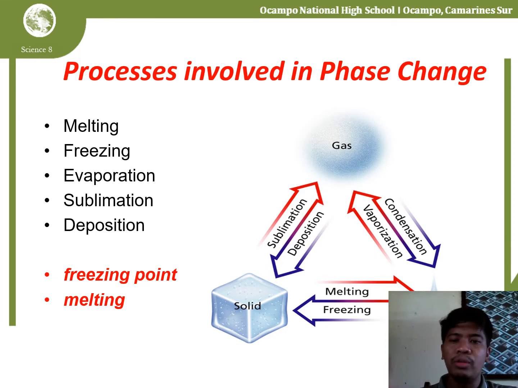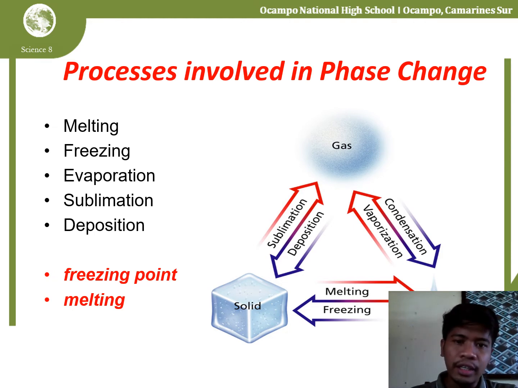Maliban doon sa steam na lumalabas sa butas ng takip ng ating kettle, may makikita tayo sa baba na mga water droplets na bumababa, okay? In that case, yung water vapor, since natatrap sila sa loob, tumatama sila sa takip ng kettle natin, they cool down and from gases, they become liquid. Ang tawag natin doon is condensation.